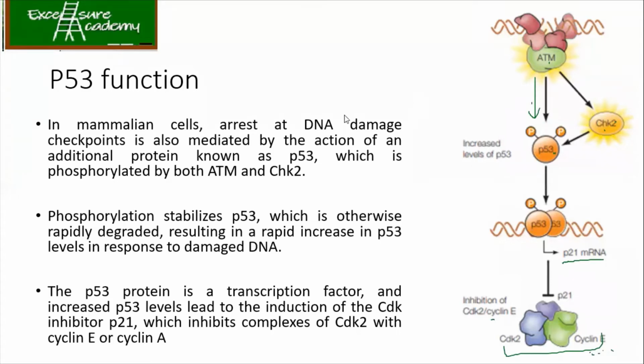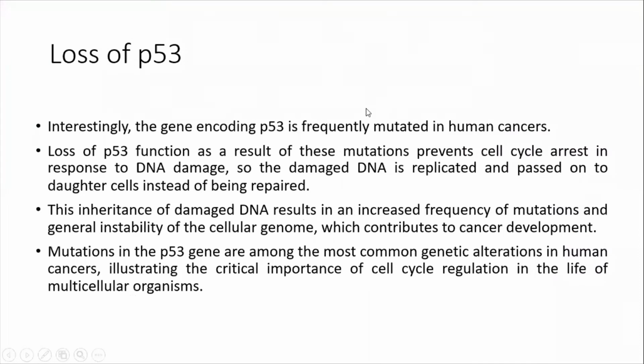चलो. Now, what happens if there is no p53, या इसमें mutation हो गया है, ठीक है? In most cancers, p53 तो mutated रहता ही है. So loss of p53 function as a result of these mutations will prevent the cell cycle arrest. It means no p53, no cell cycle arrest.